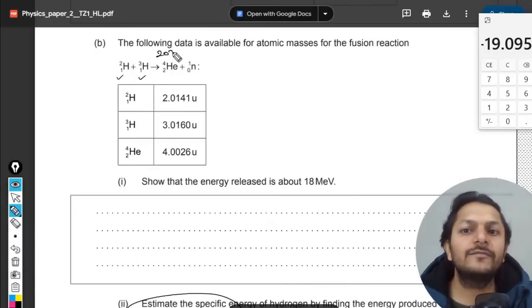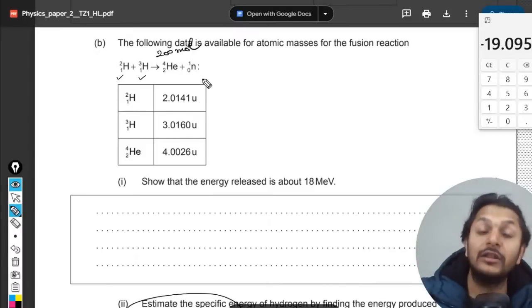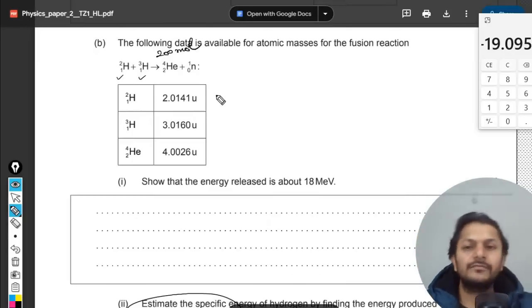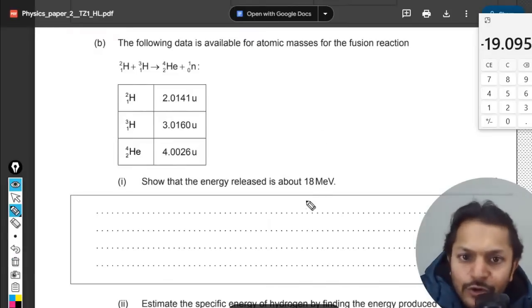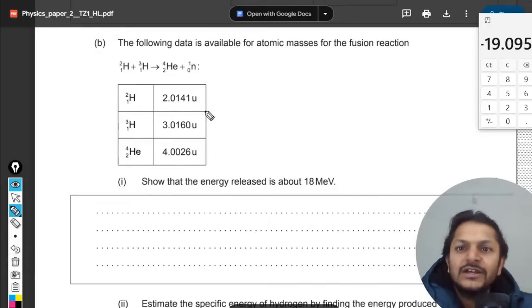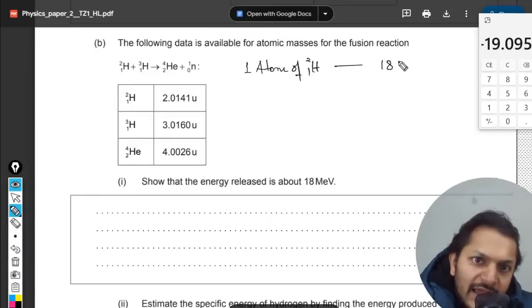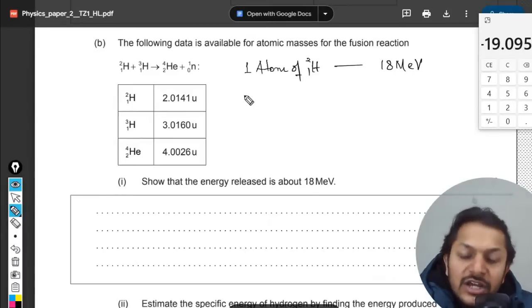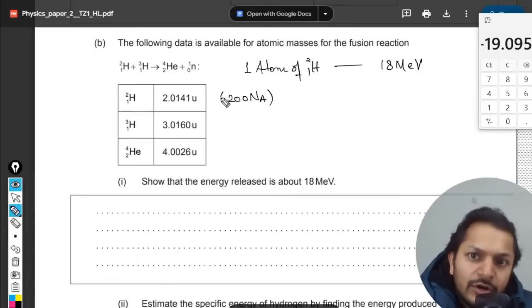200 moles of helium and 200 moles of neutrons. Okay, fine. Having said this, now another thing that we want to understand is, one atom of deuterium is producing 18 mega electron volt of energy, but for 200 moles, you have to multiply by Avogadro number.